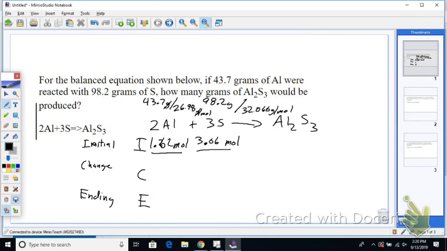So if we think aluminum's limiting, I'm going to step this back. What I'm going to have you do is divide each one by their number of moles. So take the 1.62 and divide by 2, and take the 3.06 moles and divide it by 3. Okay, go ahead and do that.